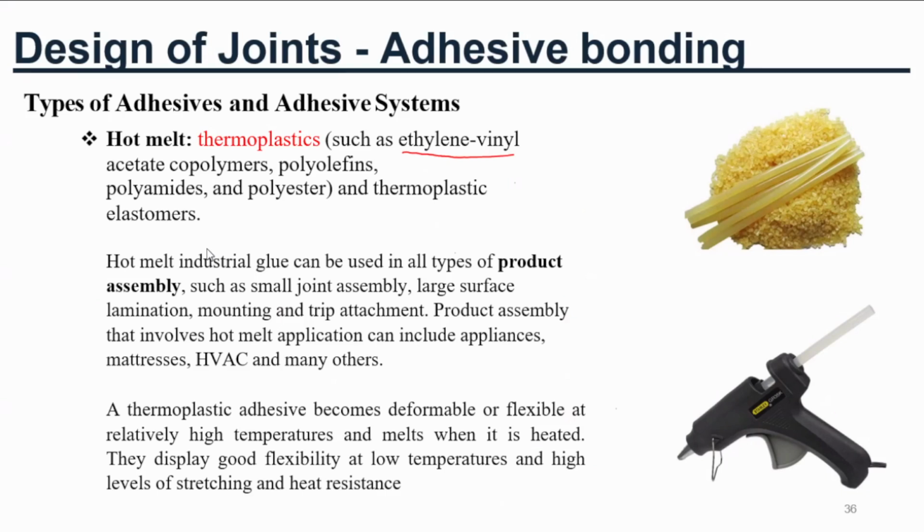On cooling, it solidifies quickly to create a strong bond. Okay, so this is actually soft and flexible at high temperature, and after the cooling process, this will become solid.